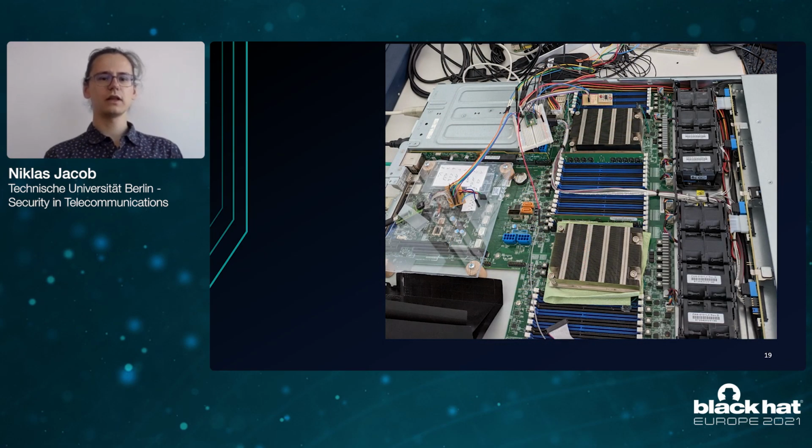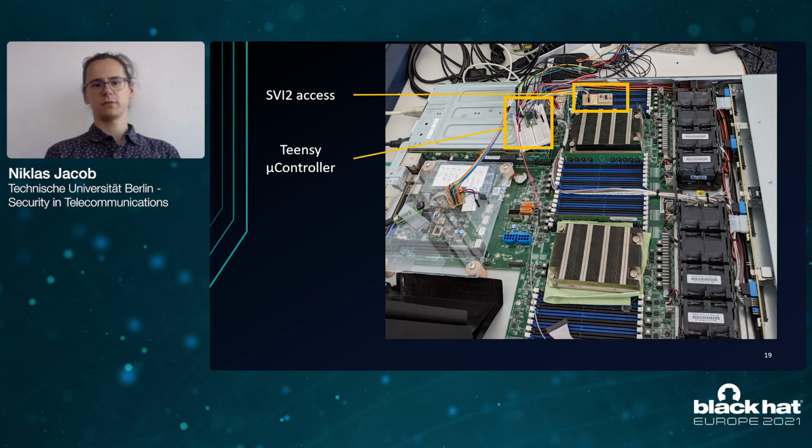Let's zoom in a little bit into the Epyc motherboard. You can see this small board that we attach to the RAM slots here is actually connected directly to the SPI2 bus. And it has a little driver IC on it that helps us inject packets onto the bus. It's connected via the breadboard here to the TNC microcontroller, and the TNC microcontroller is similarly attached to the SPI bus over here.